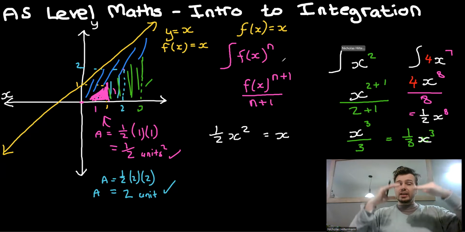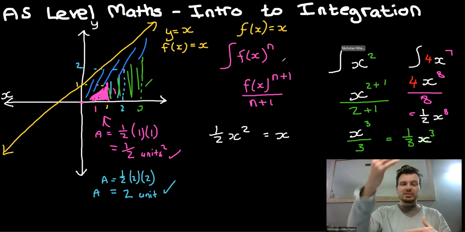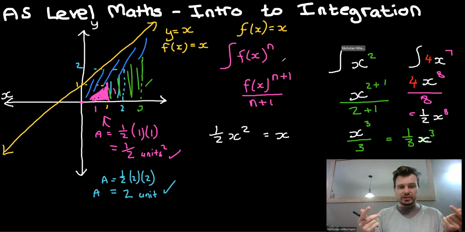When you find the integral, you find the area under the graph. Now, if I was to find the derivative of my integral, I get back to my original graph. And that is because derivative is the opposite of integration. One, you're finding the area, and then one, you're finding the slope.